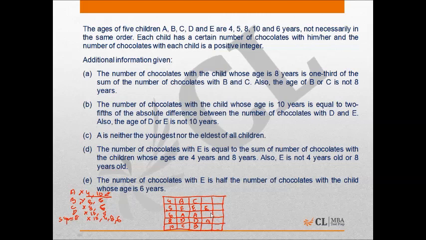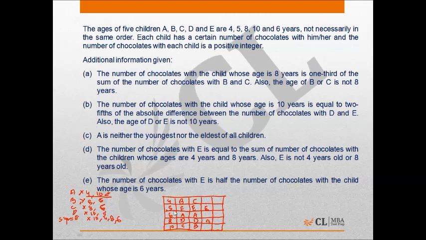Now, in that case, the age of B could be anything out of 4, 6 and 10. So it's not wise to go with the age of B.